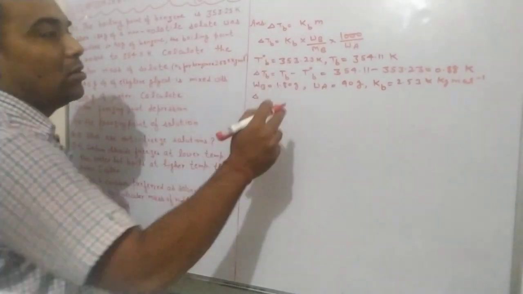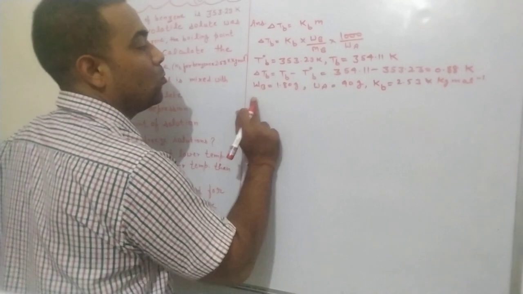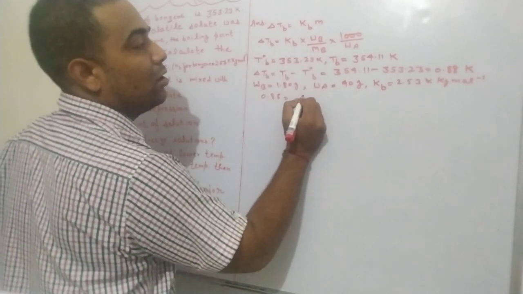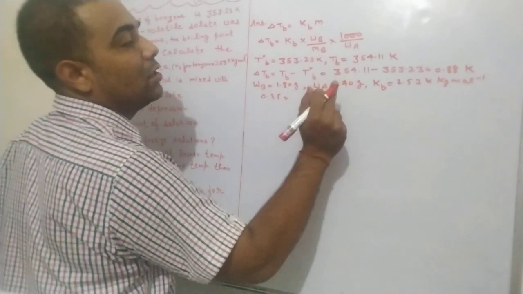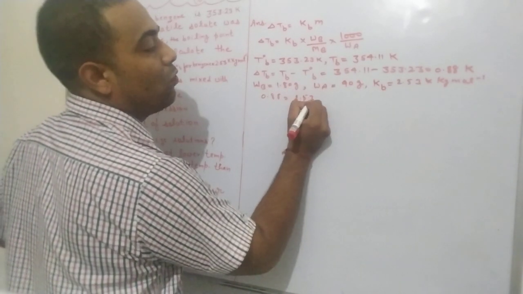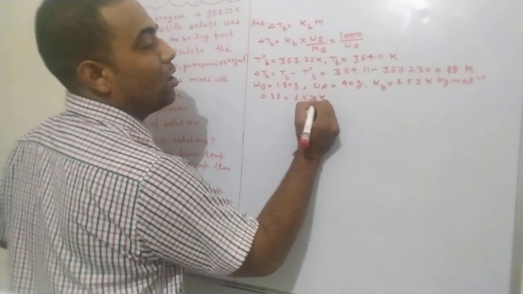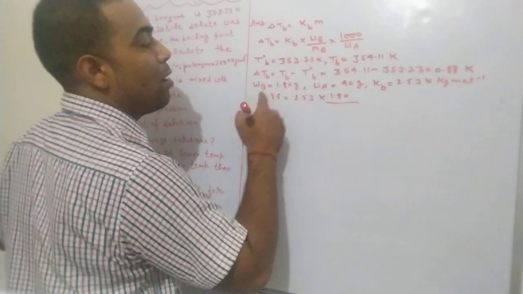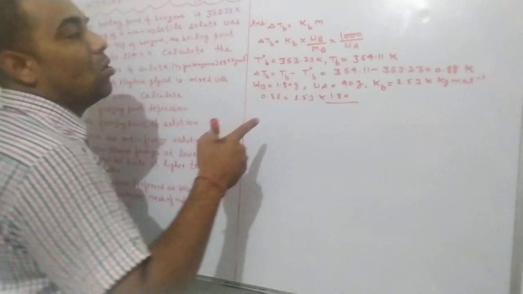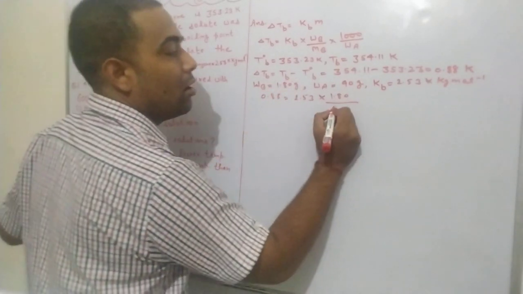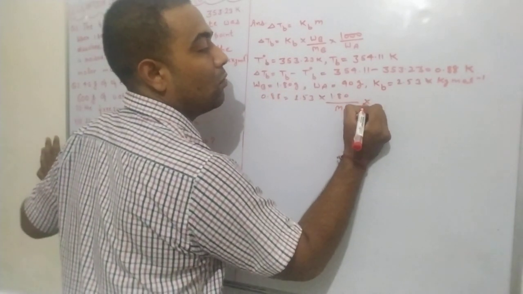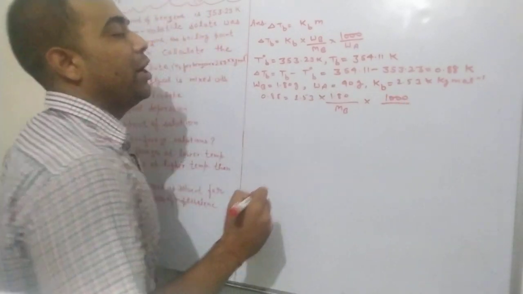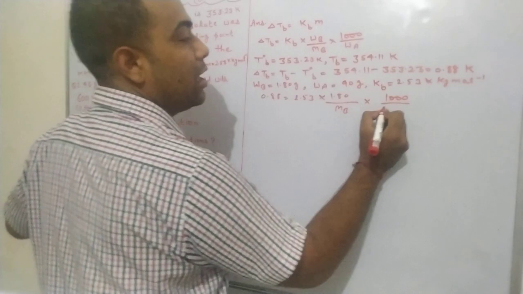Delta Tb is 0.88, equal to Kb, which is given to us, 2.53, into Wb, 1.80, divided by Mb, that is what we have to calculate, into 1000 divided by Wa, weight of solvent, that is 90.